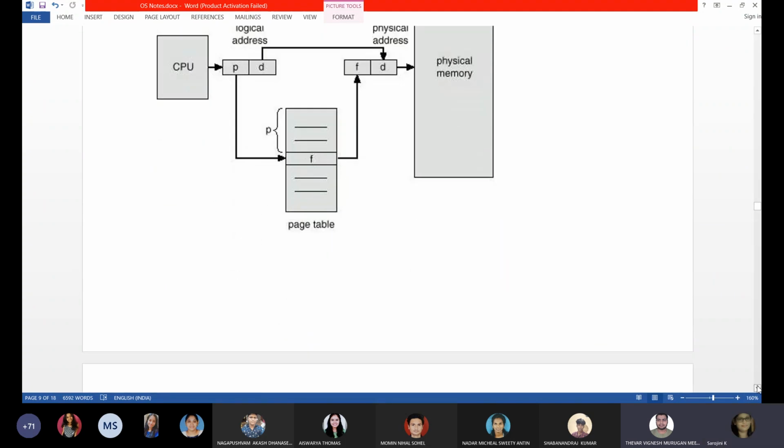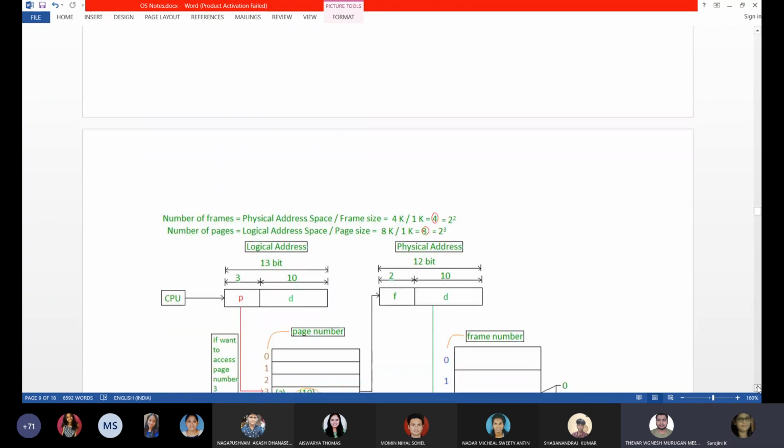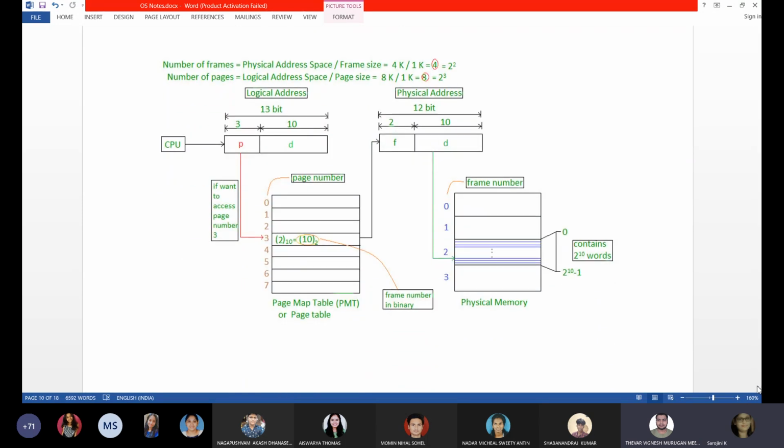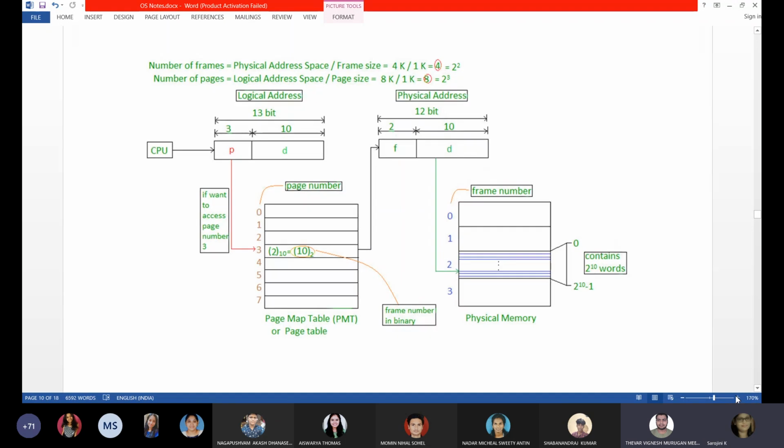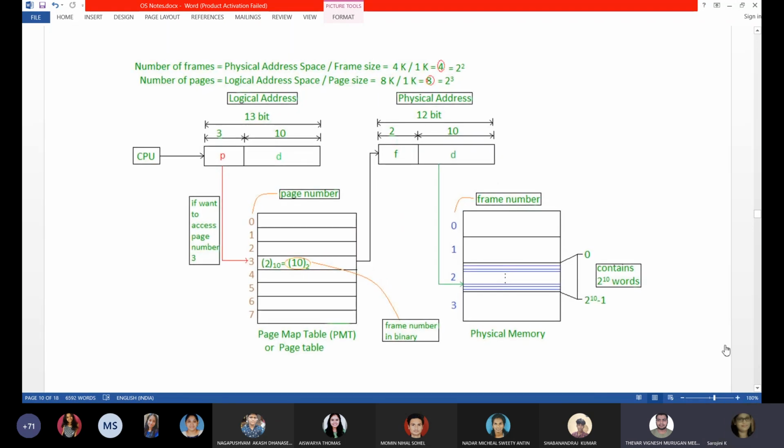Now I think you will clearly understand, but you have to listen very carefully. No distraction. You have to concentrate here. This is the conversion of logical address to physical address in paging. Assume that this is the logical address.